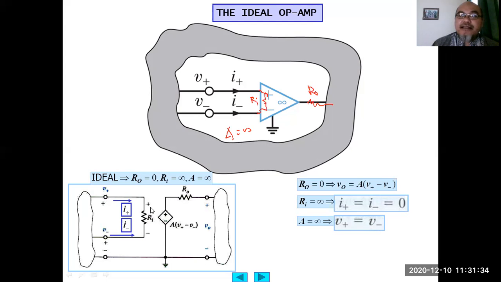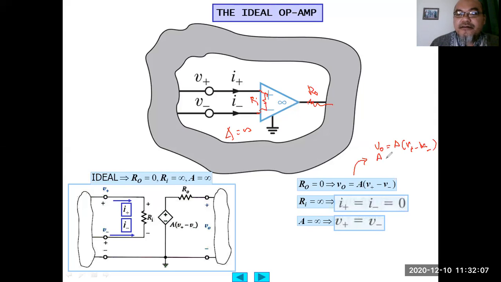The voltage at the positive terminal, or non-inverting terminal, will be equal to the voltage at the negative terminal, or inverting terminal. Why is it like this? Here the output equals A times the difference between V plus and V minus.